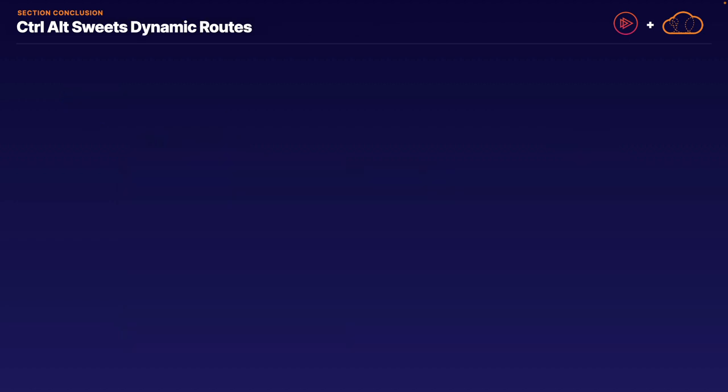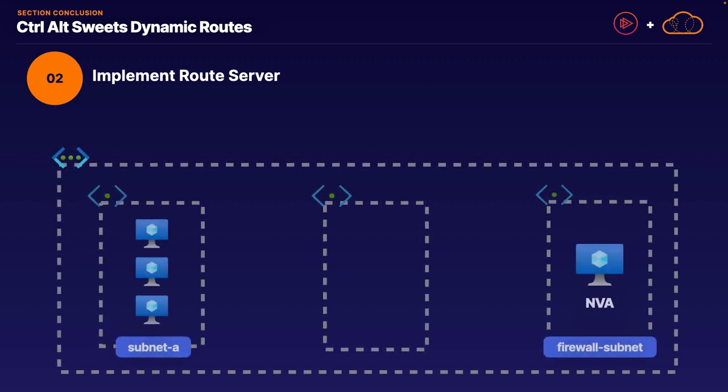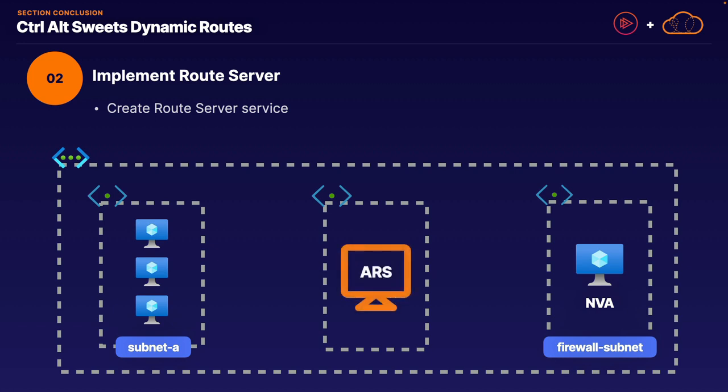Next, let's talk about our dynamic routes scenario in which we want some sort of a service to automatically update those routes for us. Again, from our previous discussions, the Azure Route Server service would be the correct tool to accomplish this. In which case, we would take a virtual network, we would then create the Route Server service inside of that virtual network, from which we learned it has a specific subnet naming requirement of RouteServerSubnet.